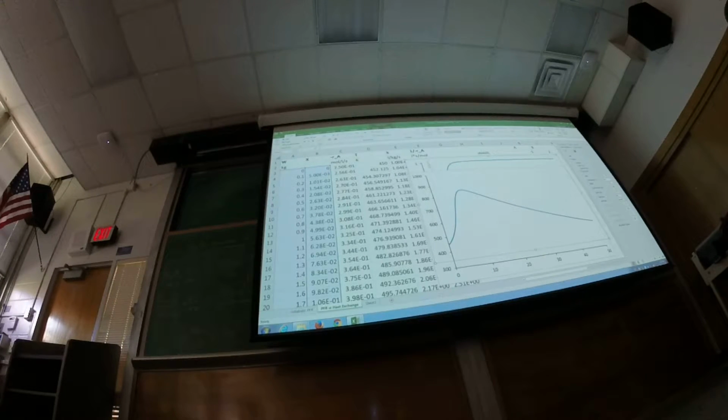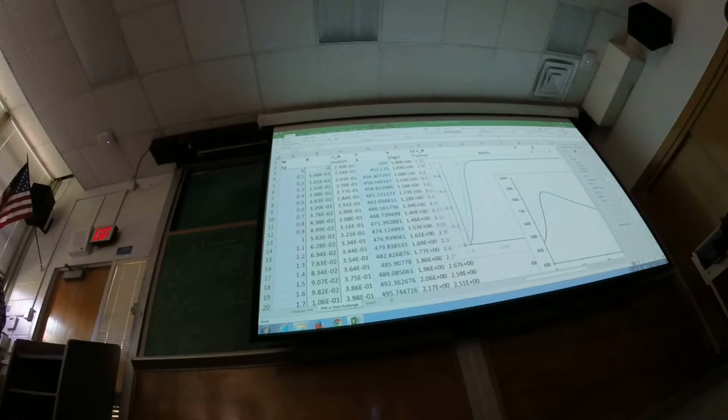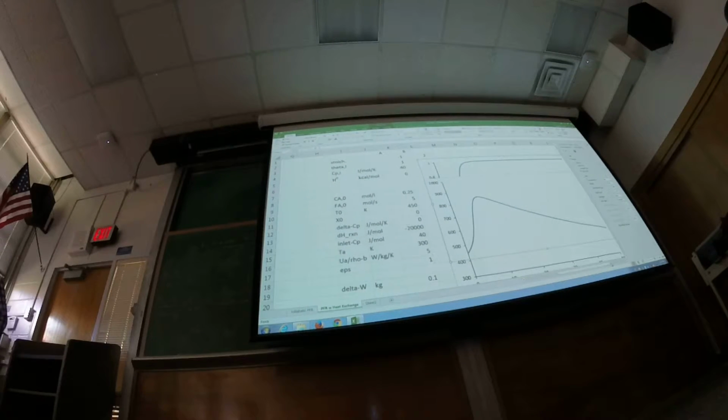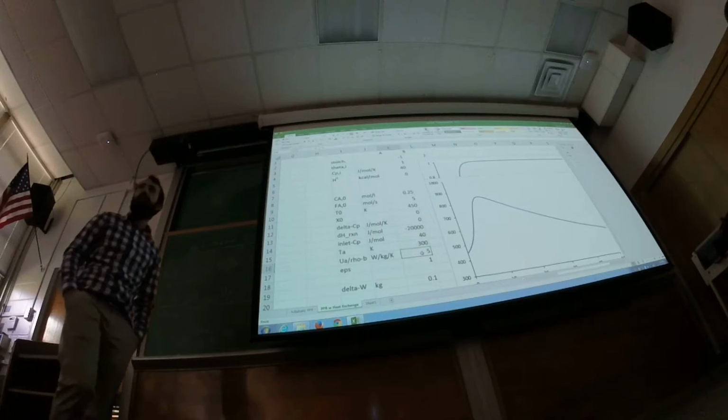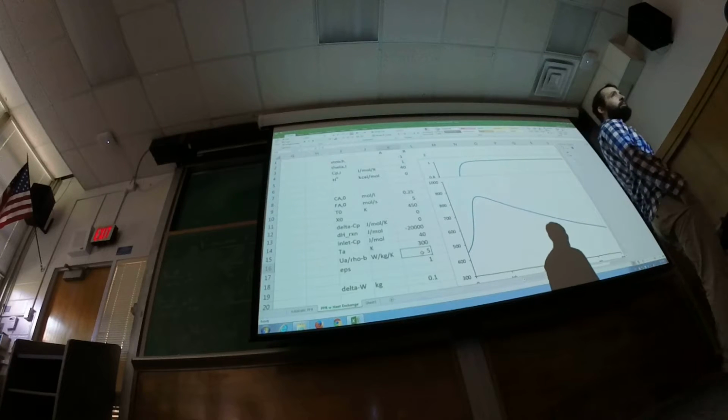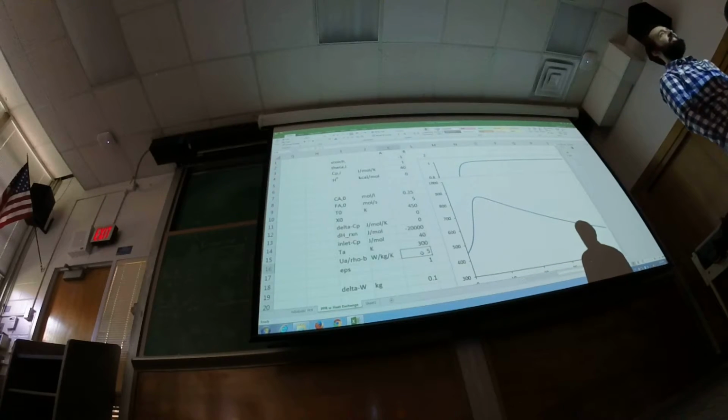Okay, so what would happen if I changed the heat transfer coefficient? What happens if I set this to 0? How are these curves going to change? What's going to go up? We have two curves.